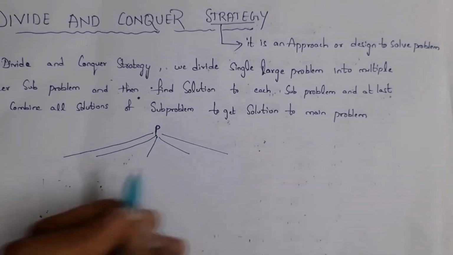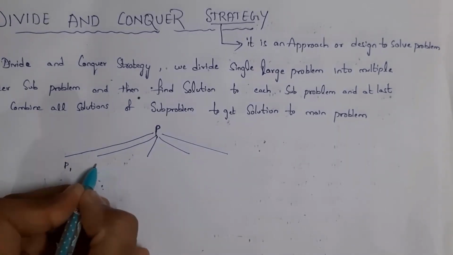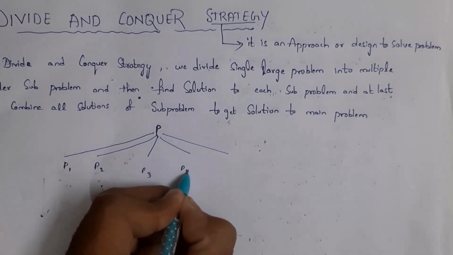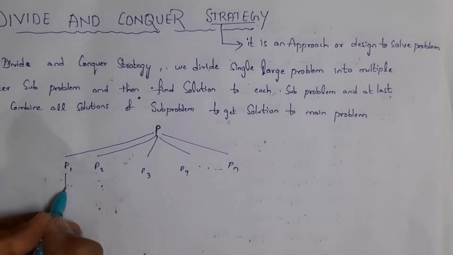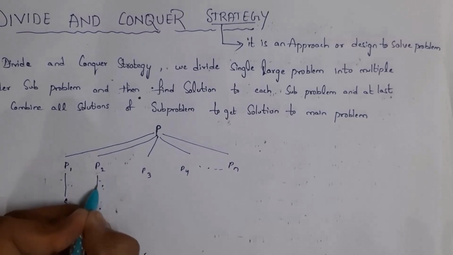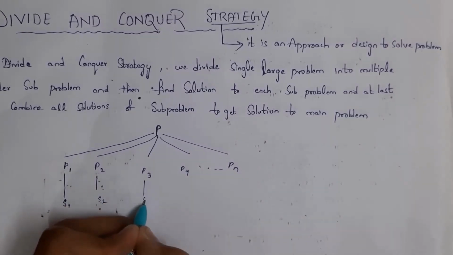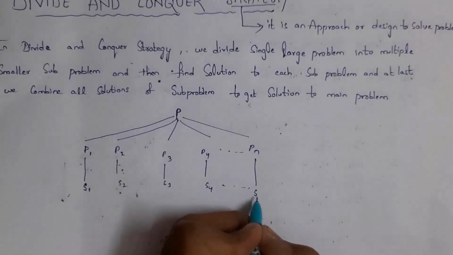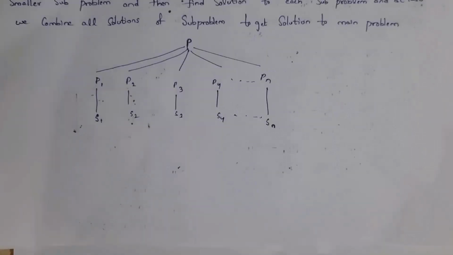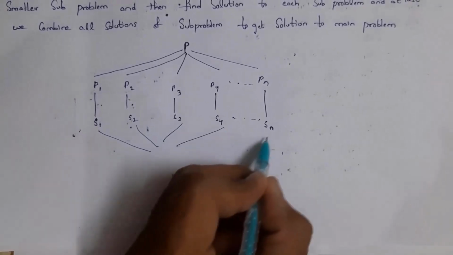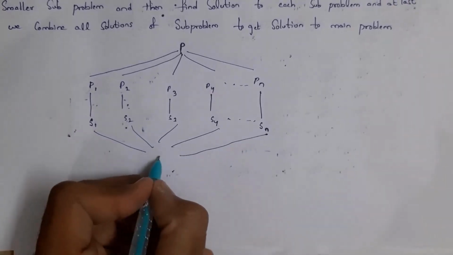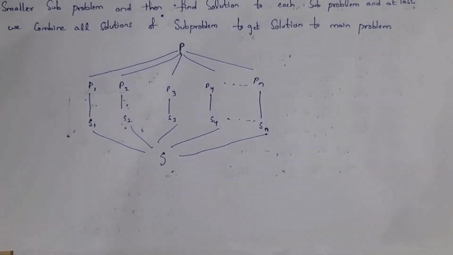I am breaking this large problem into multiple small problems P3, P4 and Pn, and we need to find a solution to each sub problem. This is solution 1, solution 2, solution 3, solution 4, and so on, solution n, and at last we need to combine all these solutions of sub problems into a single solution. This is known as divide and conquer strategy.